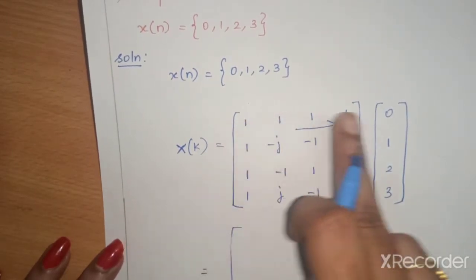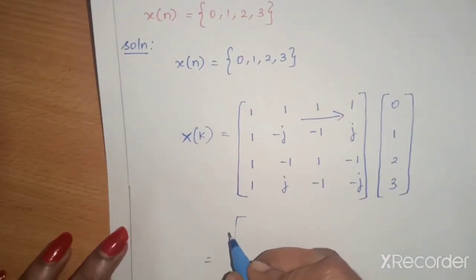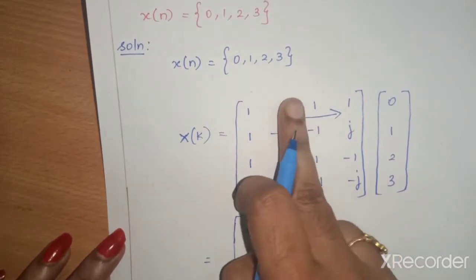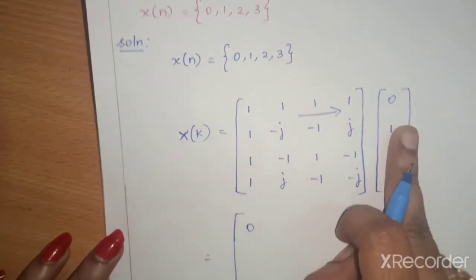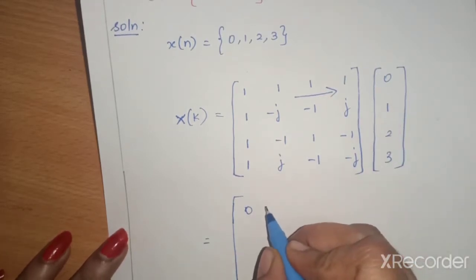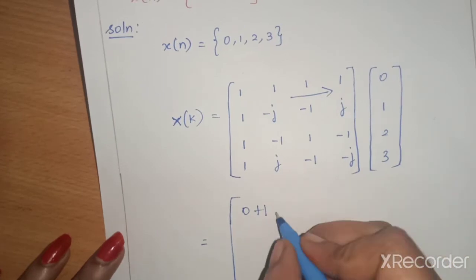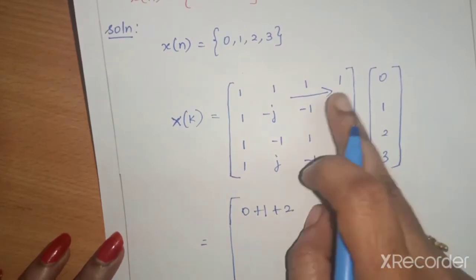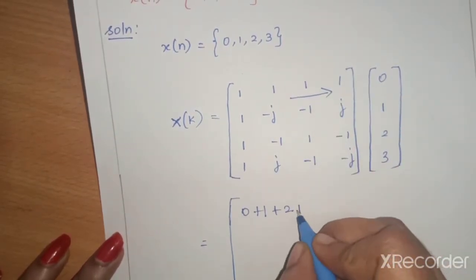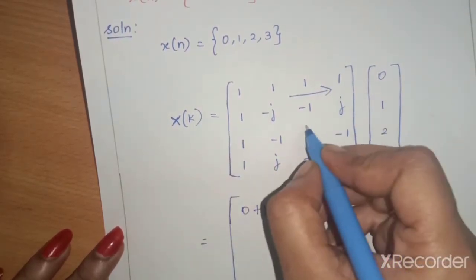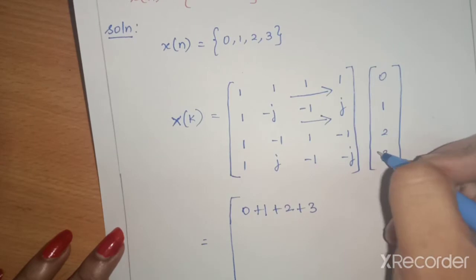So here 1 is multiplied with 0, which is 0, and then 1 into 1 plus 1, and then 1 into 2 plus 2, and then 1 into 3 plus 3. Then we have the second row with the column.